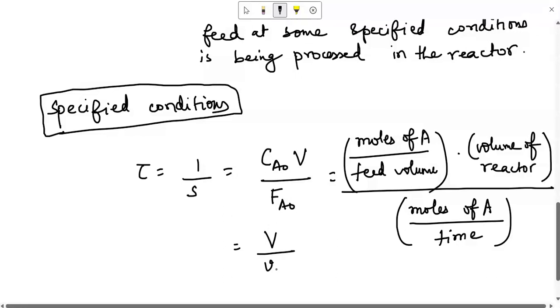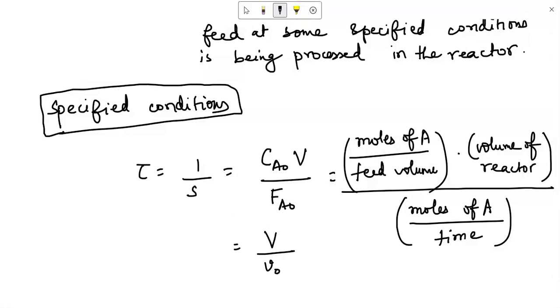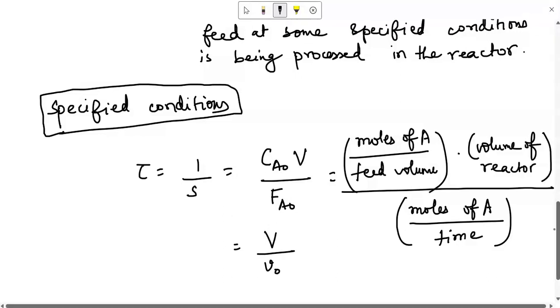V by V naught. V is the reactor volume, and V naught, over here I am writing it separately, is the volumetric feed rate.